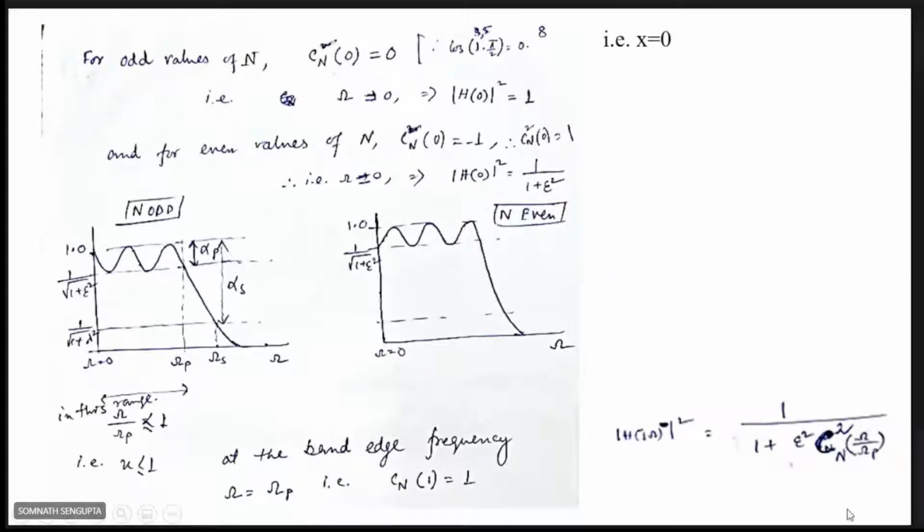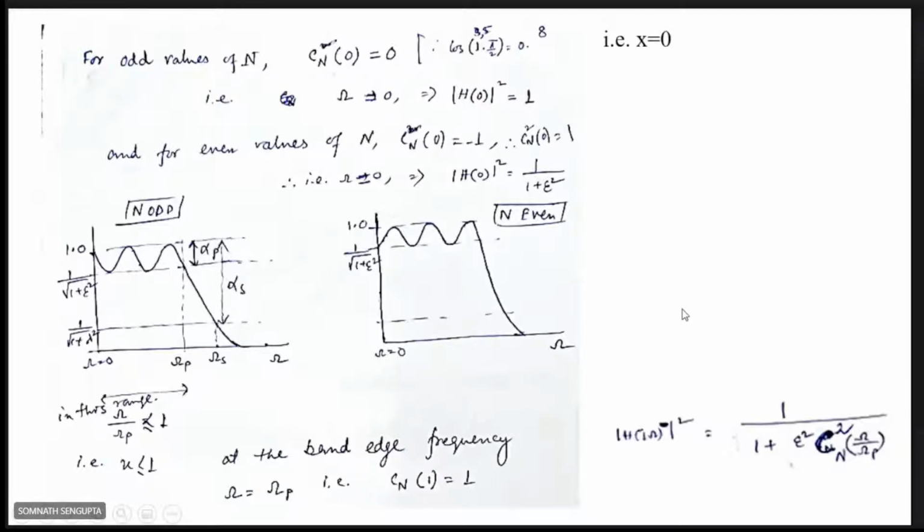So it is 1 by root over 1 plus epsilon square at omega equal to omega p in both cases, for n odd or n even, because n does not matter there, since it is multiplied with 0.